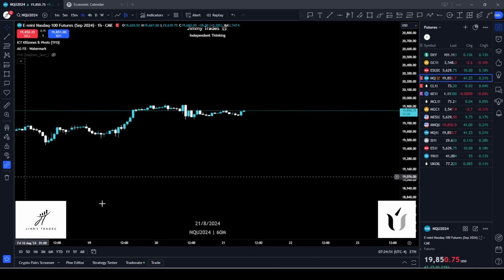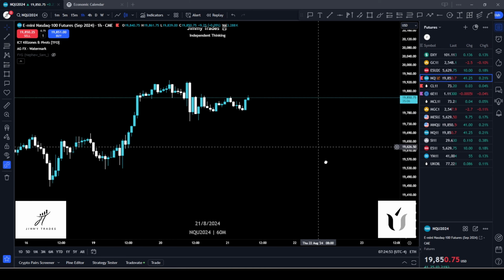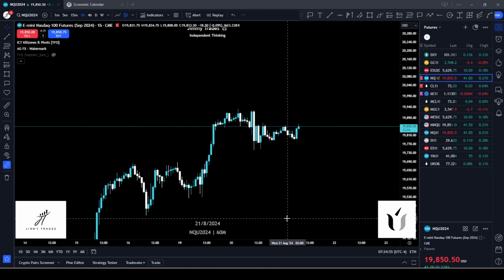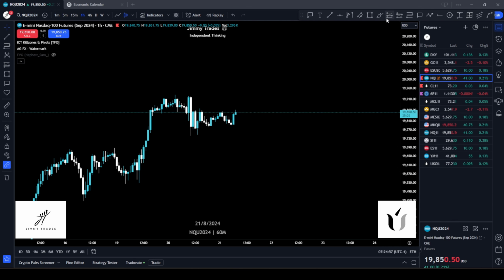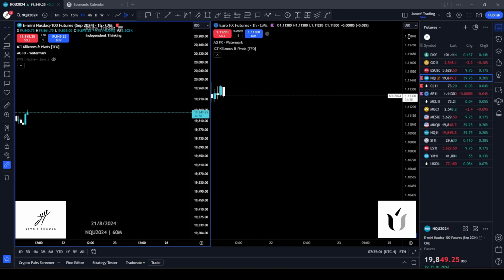If we drop to the hourly, I just want to bring up ES as well because they're correlated assets.